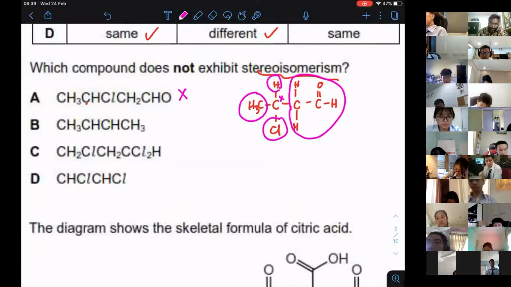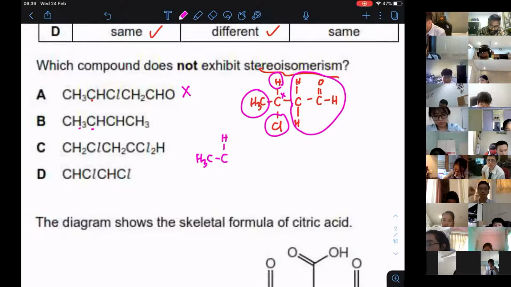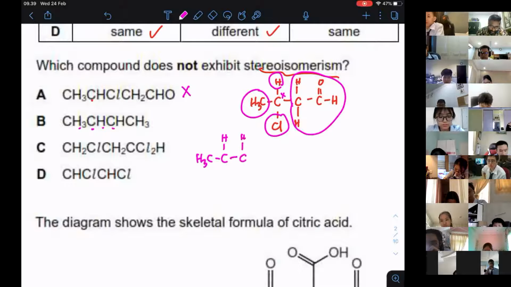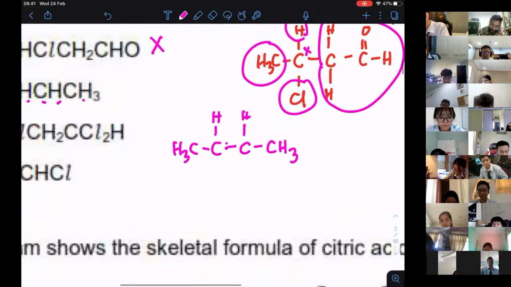Do the same thing for everything. For example, this carbon is bonded to CH3, bonded to hydrogen, and then bonded to another carbon, another hydrogen, and then CH3. So here you see, it's going to be a tricky question. They didn't show the double bond, but you will know each carbon must have 4 bonds, so the double bond must come over there.